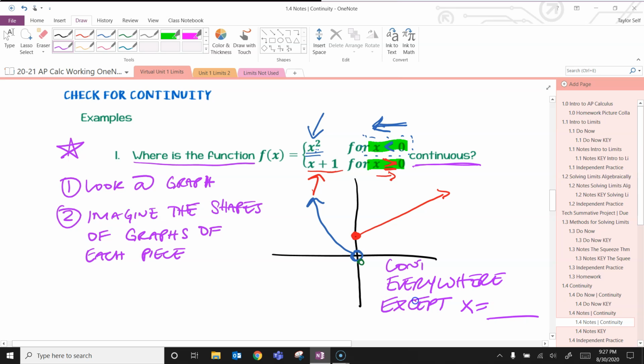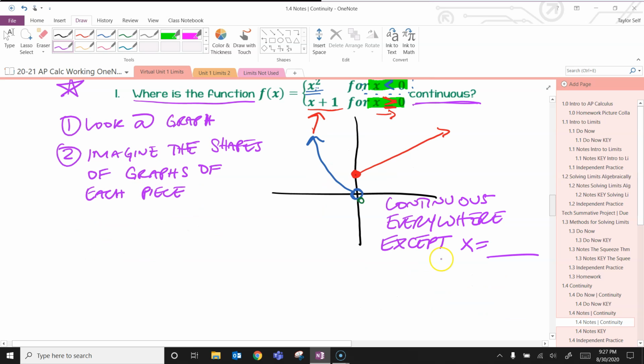It's continuous everywhere except what x value? What x value is it not continuous at? Also, I want you to tell me what type of discontinuity it has at that x value. Go. Okay, it is continuous everywhere except x equals 0.